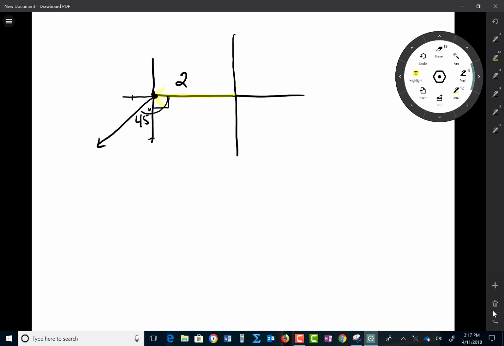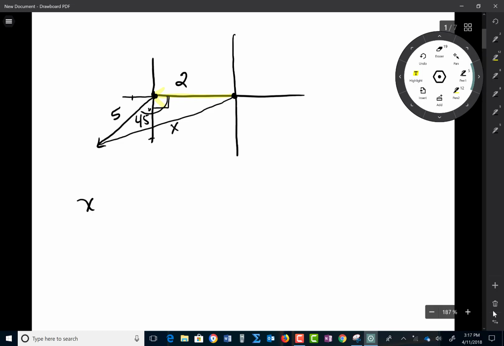So the rest of the problem says, how far from home is she? Well, home is right over here. So it's asking you how far away from that they are. And remember, this was 5. So what I did is I used my law of cosines, and I called this x.